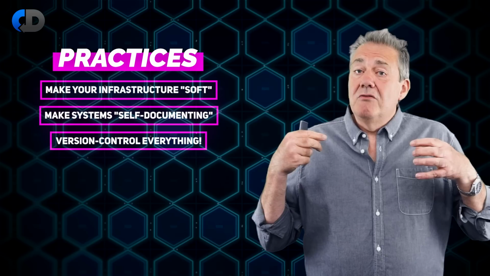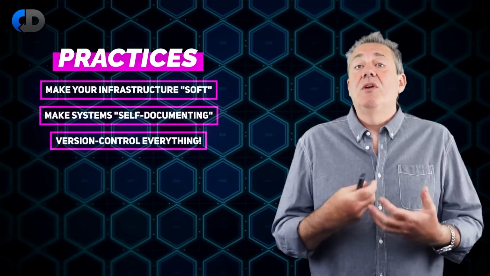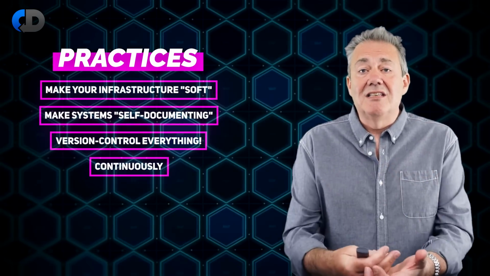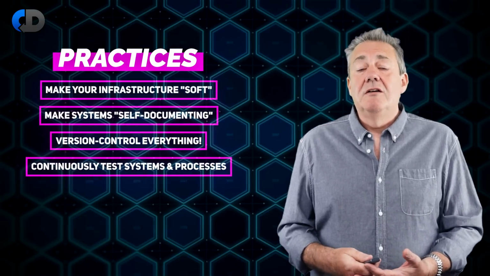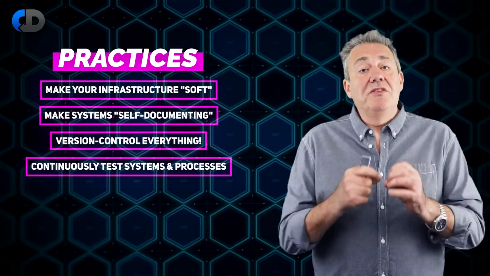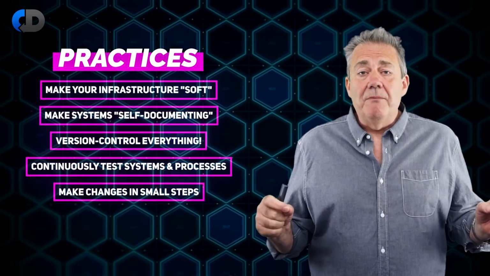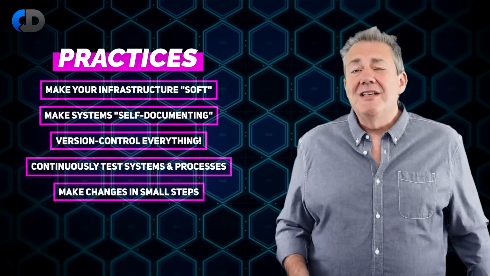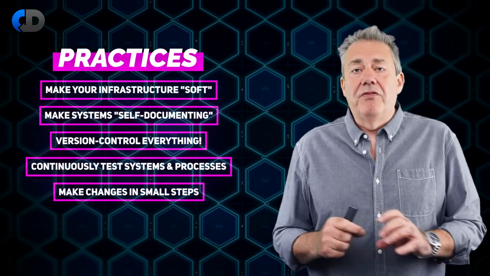And if we're going to take this really seriously, we can start thinking about continuously testing the systems and processes associated with all of this. We want to make changes in small steps, and version control is a key enabler of those small steps.